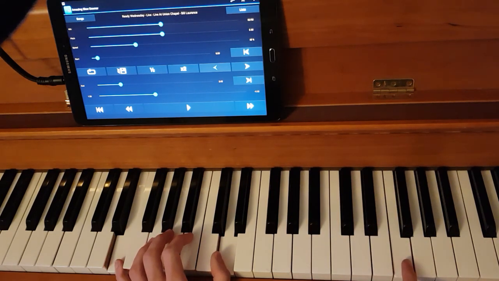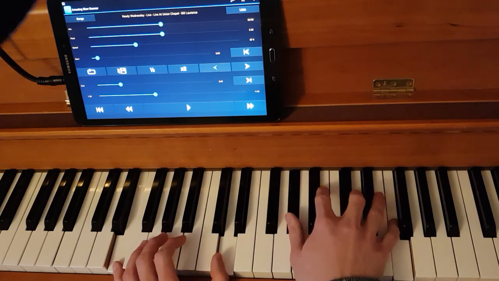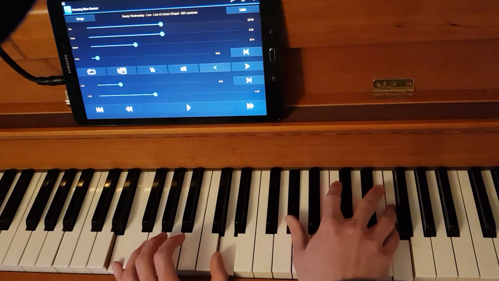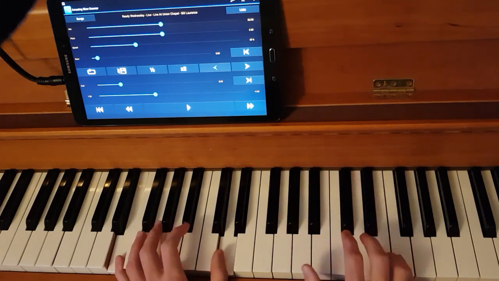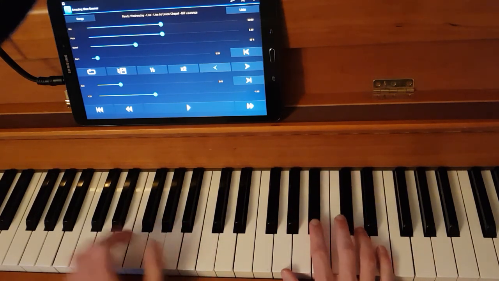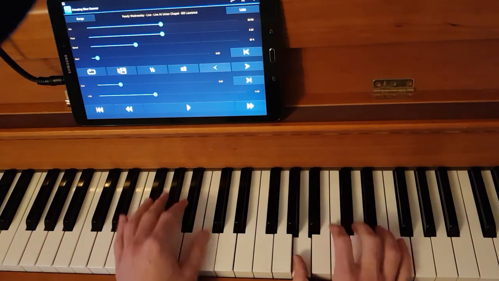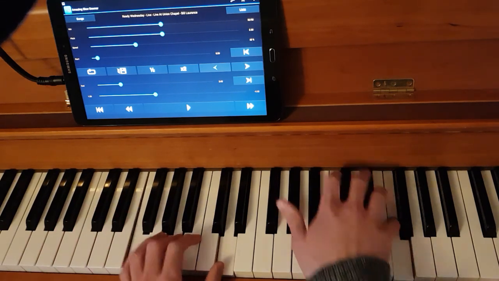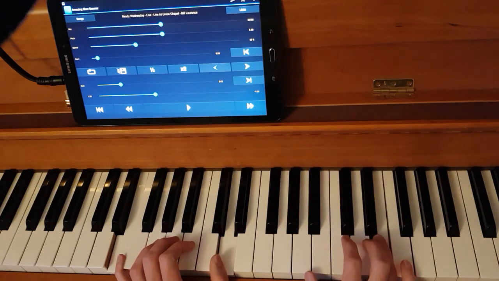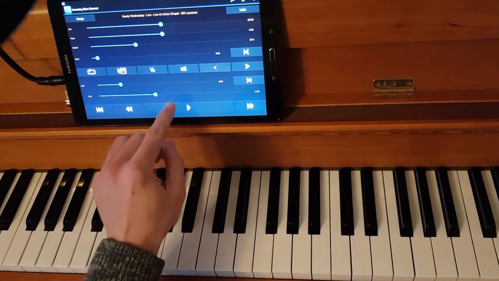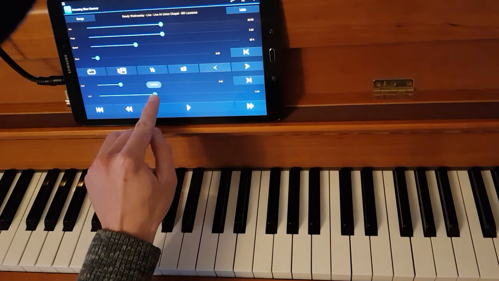That F there is effectively a minor 9th, giving that kind of tasty zingy chord. So, okay, and then let's look what's next.